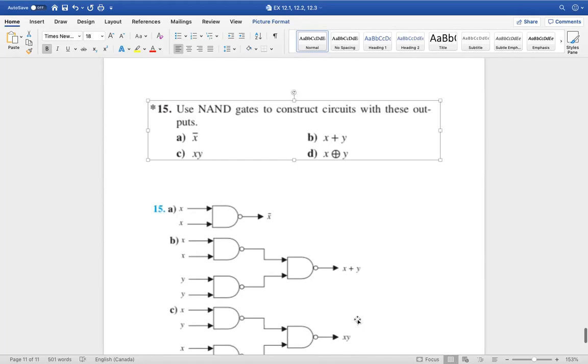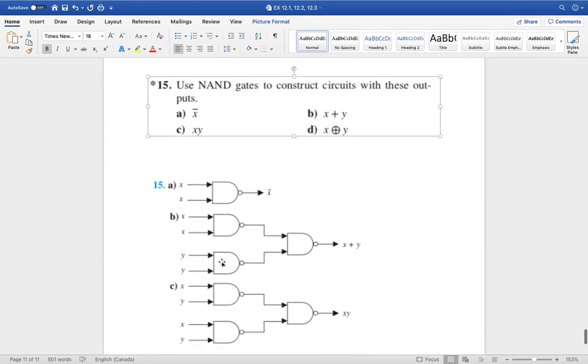Let's say part C. We have to find the dot product XY using the NAND gate. We take the NAND of X and Y, so this becomes X NAND Y, and the same thing, X NAND Y. Then we apply the NAND gate once more to get XY.